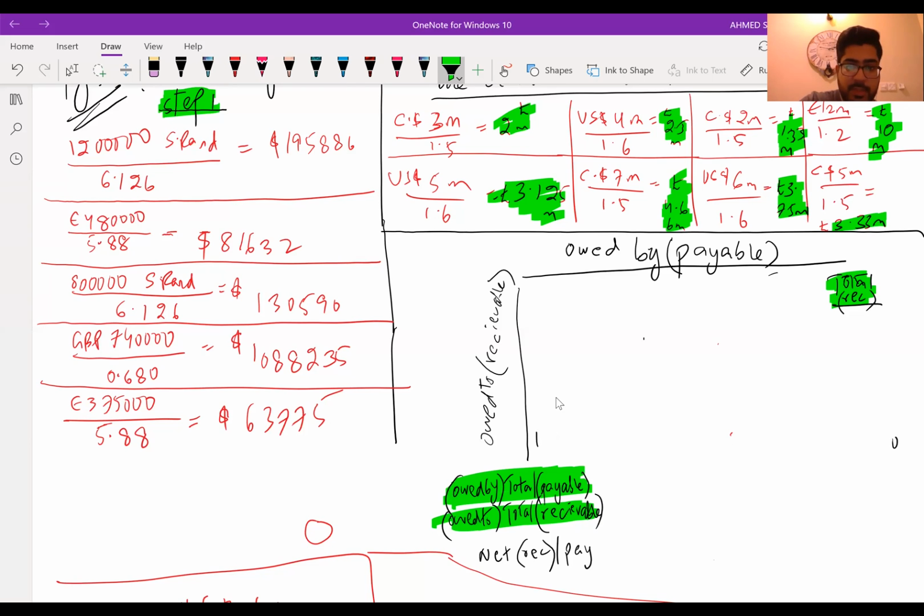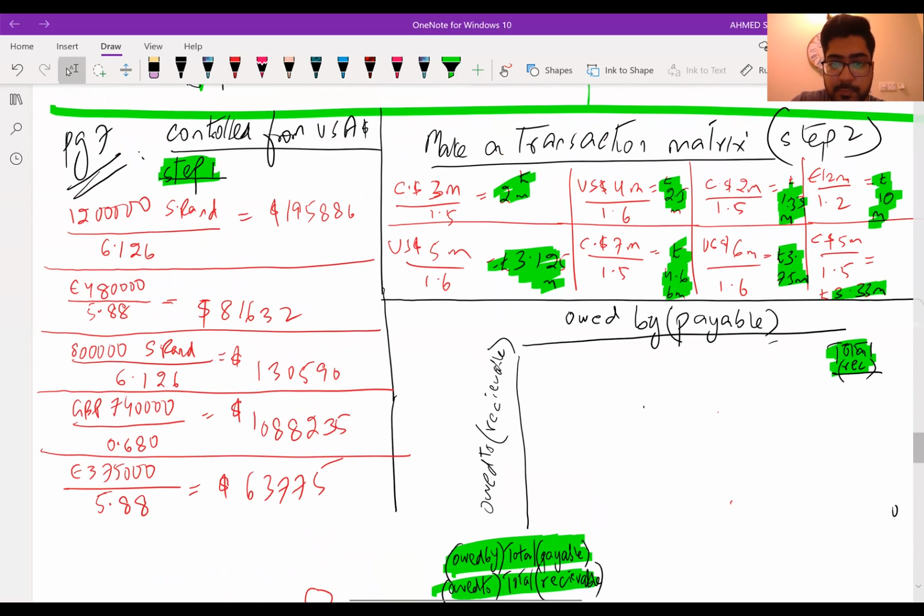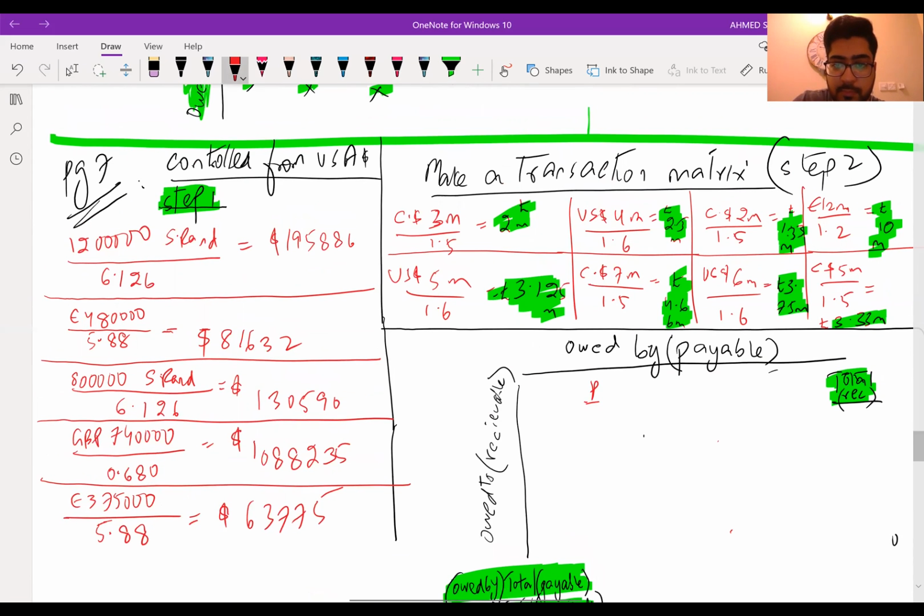Make a transaction matrix now. Find the transactions between companies. The first one is between P and S, so write P and S. Then P and R, then Q and R, and the rest are already mentioned.